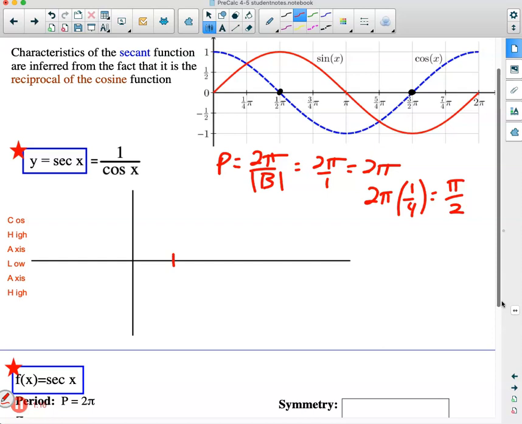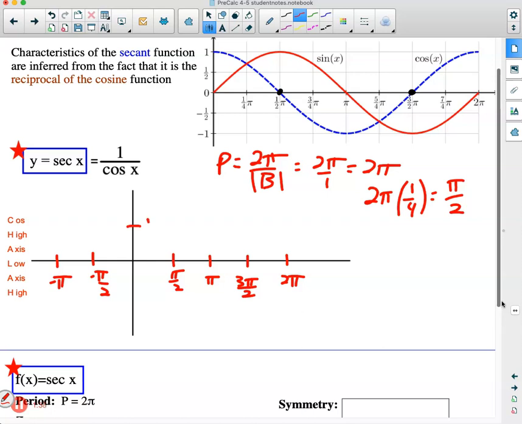So let's get those on here. 1 pi over 2, 2 pi over 2 is pi, 3 pi over 2, and 4 pi over 2, which is 2 pi. And then backwards a little bit, so negative pi over 2, negative 2 pi over 2, which is negative pi.